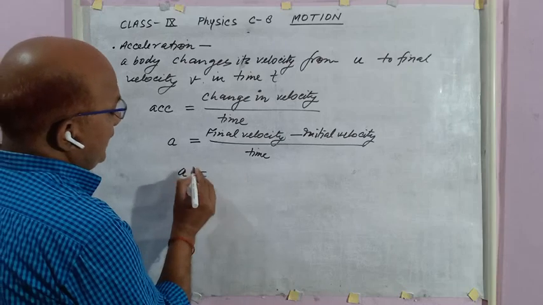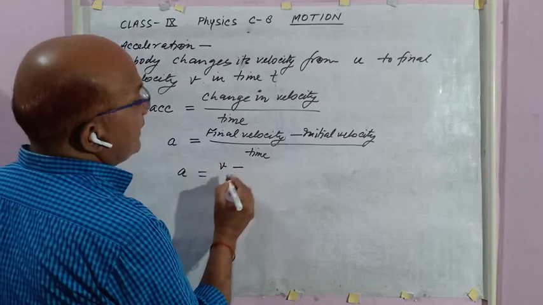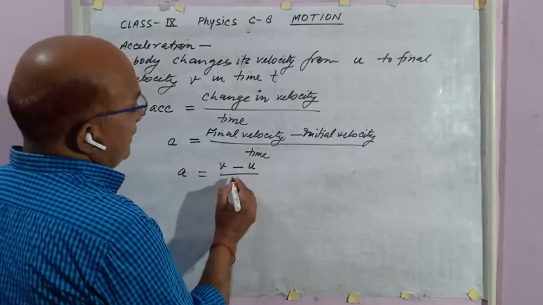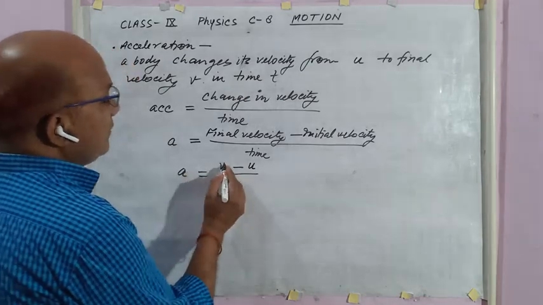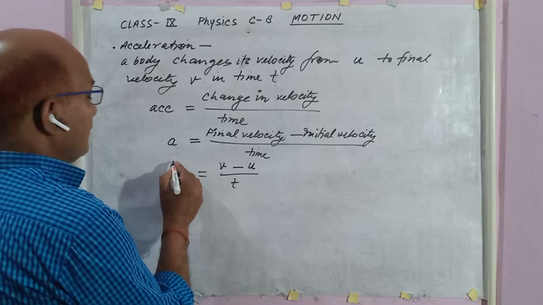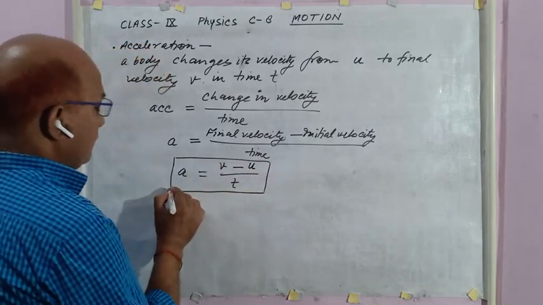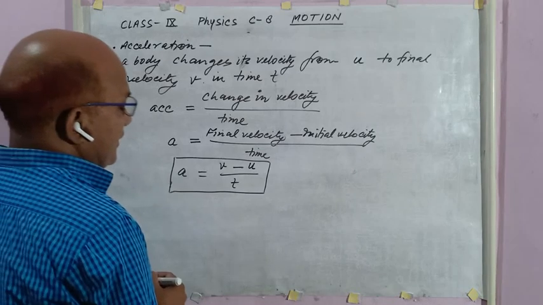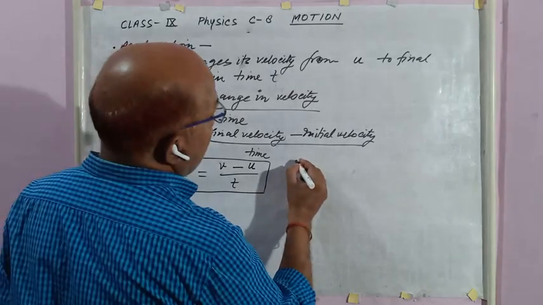So A equal to final velocity v minus initial velocity u upon time taken t. So A equal to v minus u upon t. By applying this relation, we can very easily find out acceleration in a body.